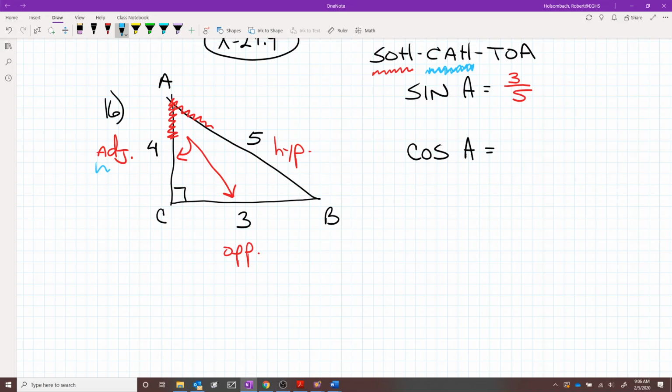So adjacent, which is 4, over hypotenuse, which is 5. There's your sine of angle A and your cosine of angle A. And then go ahead and divide them if needed. This is 0.8 and this is 0.6.